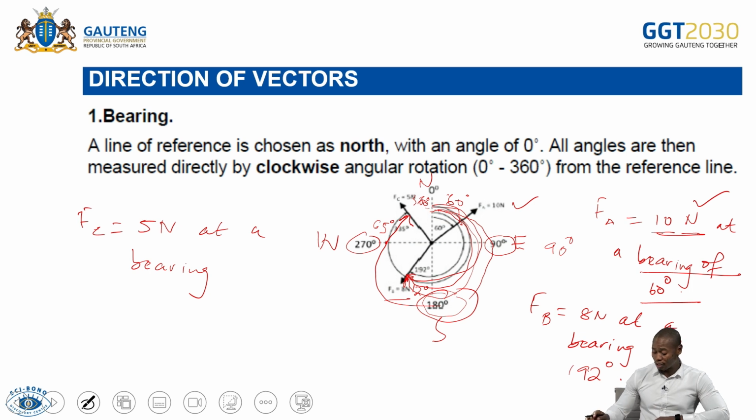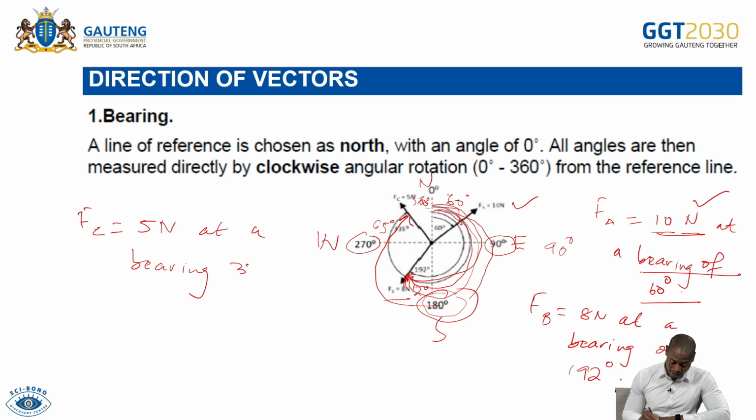So you have to say 270 plus 65, and 270 plus 65 is 335. Then we'll say at a bearing of 335 degrees. Simple.